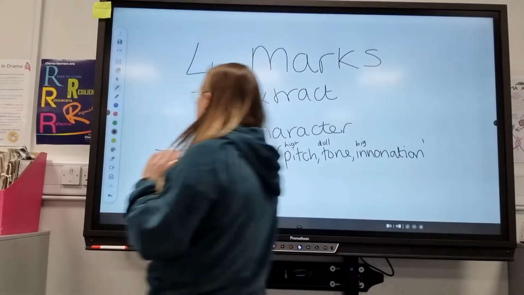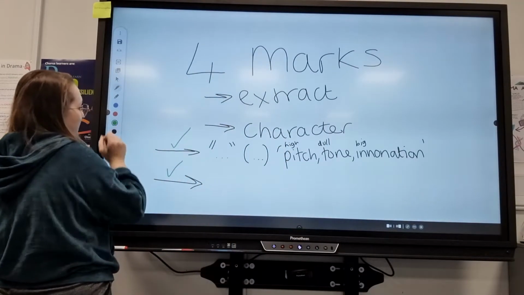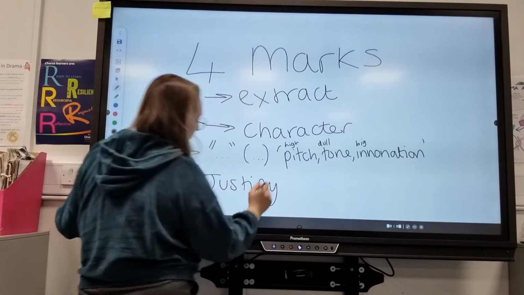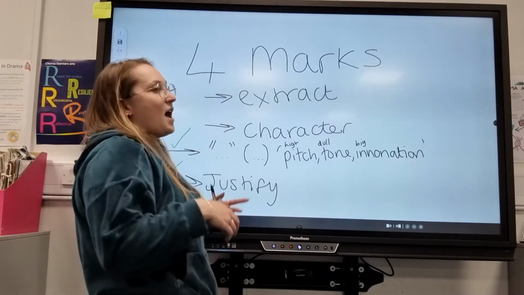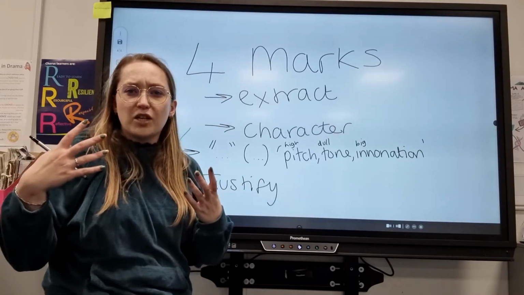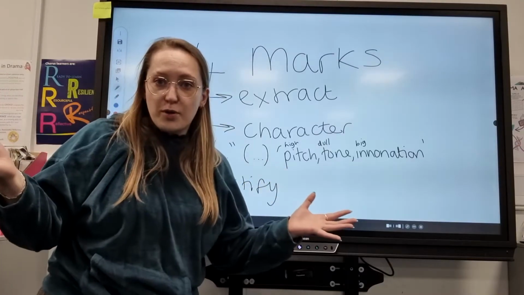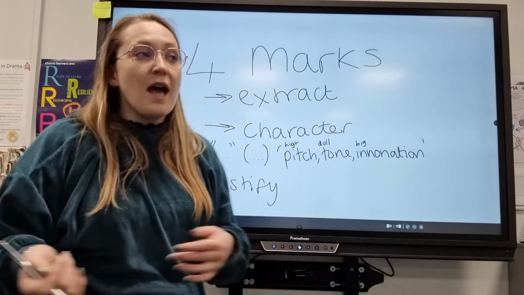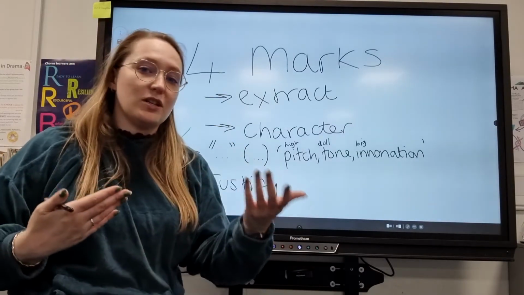Okay. The thing that you have to do to get your second mark is basically you have to justify. So that's kind of saying why. So if you're saying that Jan will use confused facial expressions where she pushes her eyebrows together and uses an open palm wide stance, for example, you can justify that by saying this is to show the audience that she looks confused.